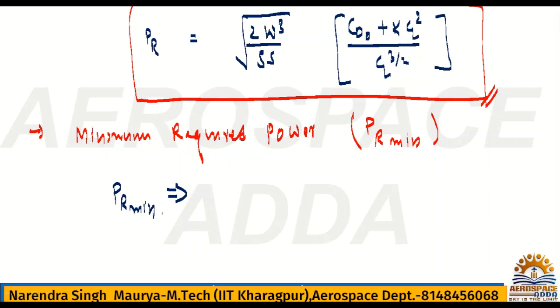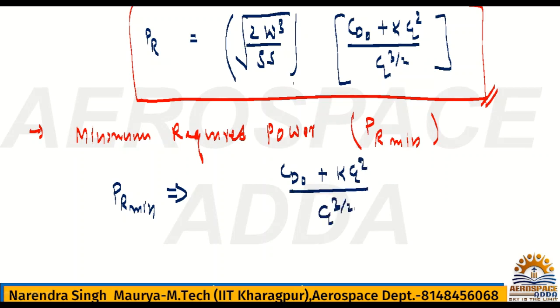Yes or no? Check this first term. This is constant. What is the variable? The variable is this bracket, CD naught plus KCL square divided by CL to the power 3 by 2.